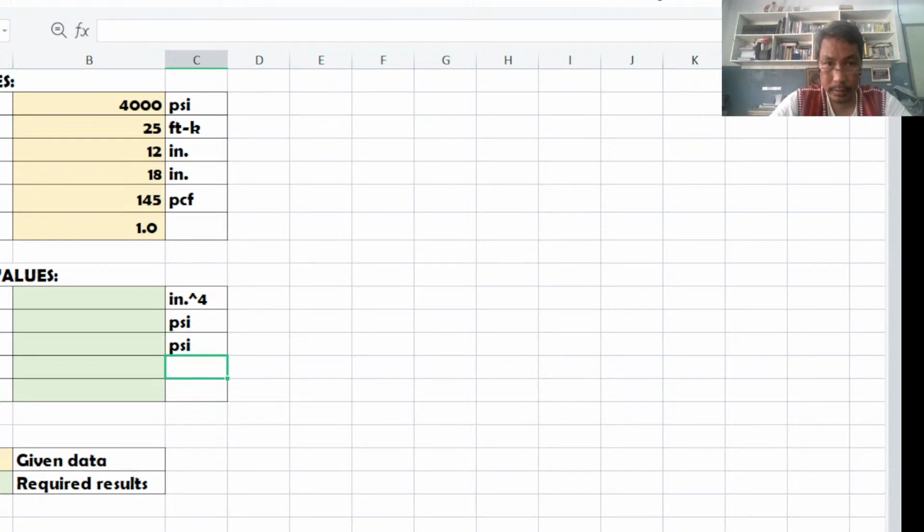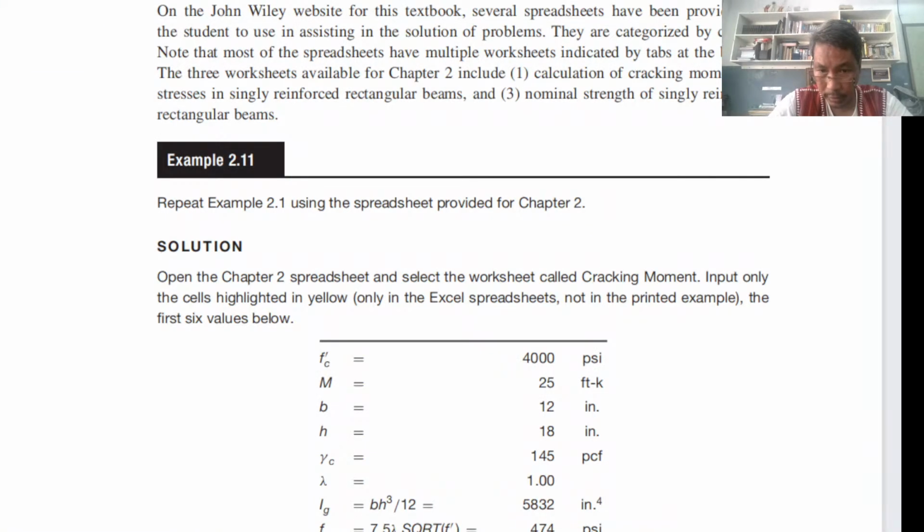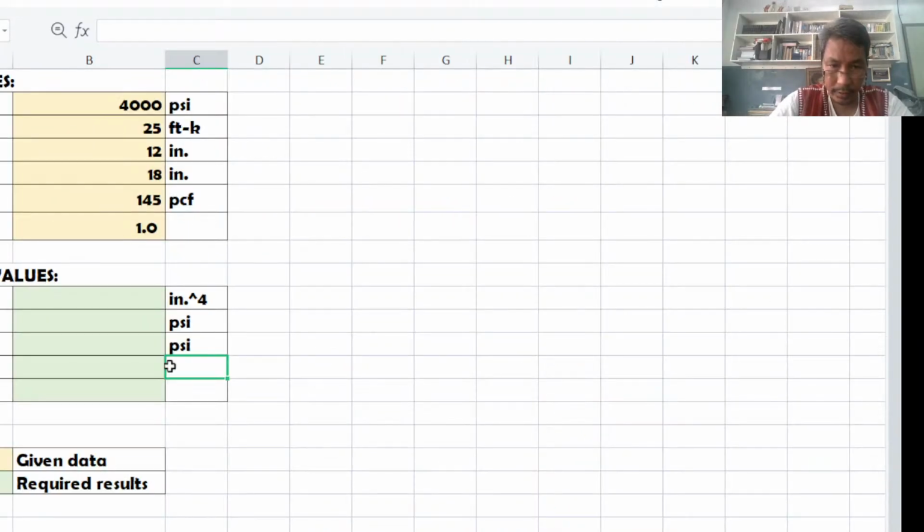And this is what? Inch-pound and then foot-kip. These are the units.